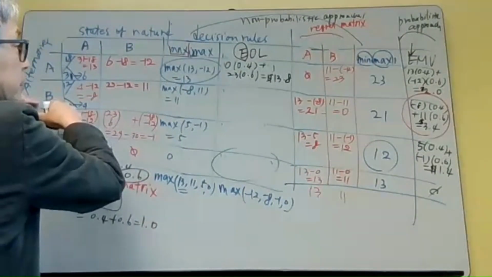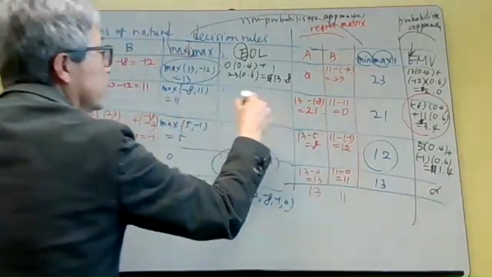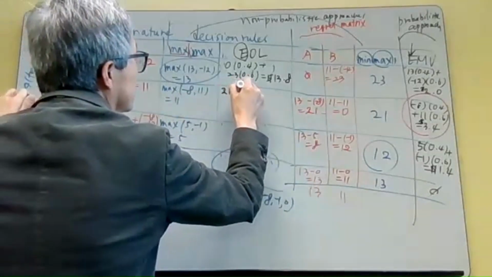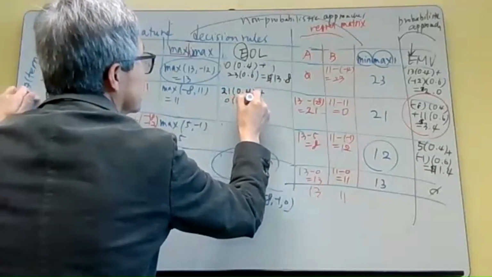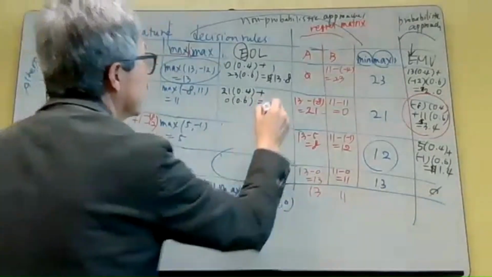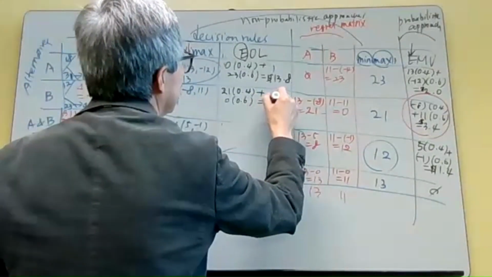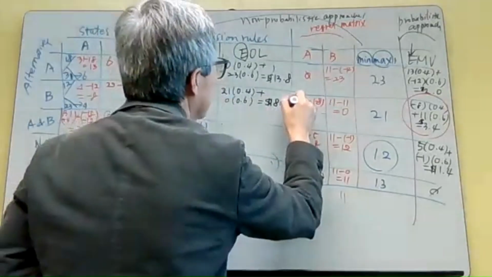Now for alternative B, the regret is 21 times 0.4 plus 0 times 0.6, which is 8.4 million.